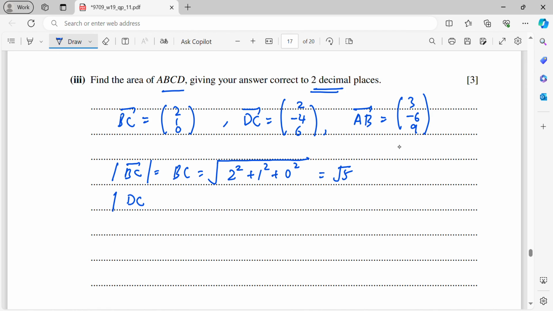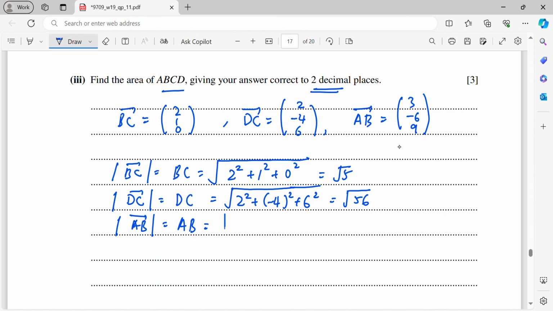The length of vector DC is the square root of 2 squared plus minus 4 squared plus 6 squared, which is square root of 56. Then the magnitude of AB is the square root of 3 squared plus minus 6 squared plus 9 squared, and you will be getting square root of 126.